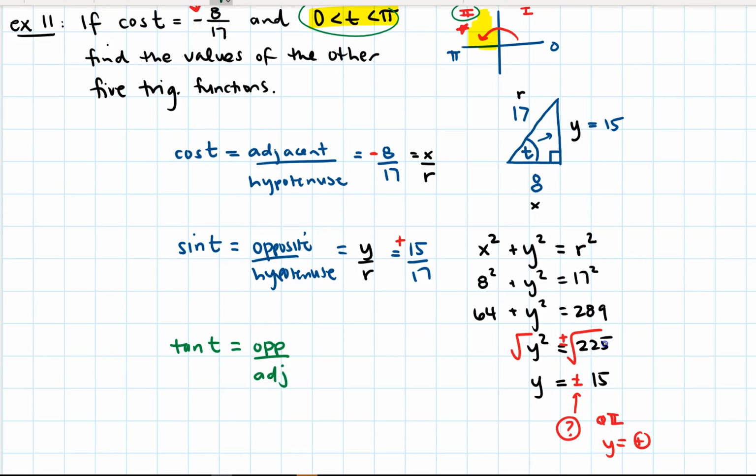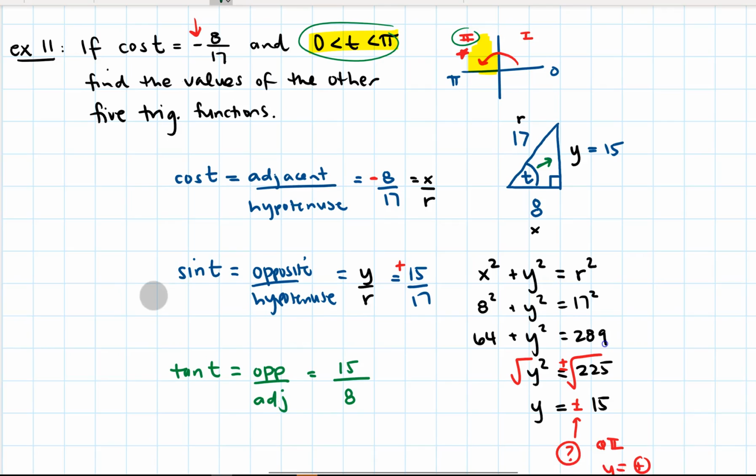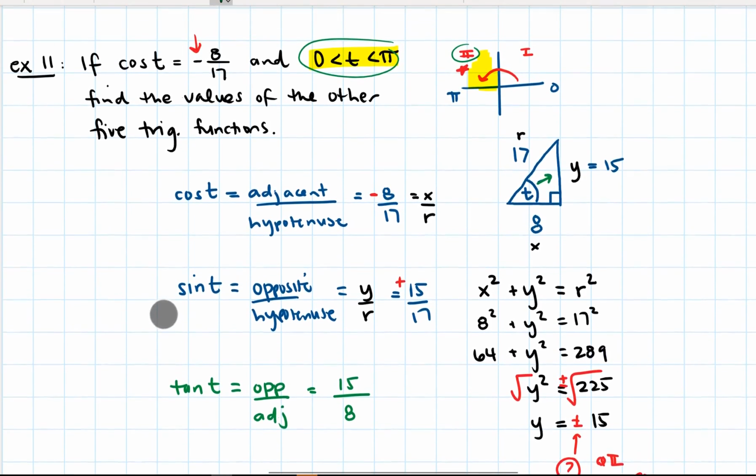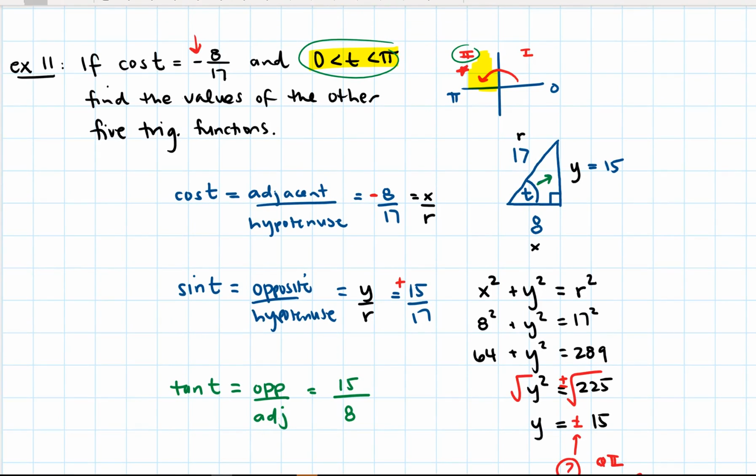So now if you're looking back at your trusty triangle, the opposite side of t is 15, and the adjacent side of t is 8. And if you're trying to figure out the signs, you can go with the fact that you already figured out that 8 is negative and 15 is positive, or you can look at the fact that you're in quadrant 2.